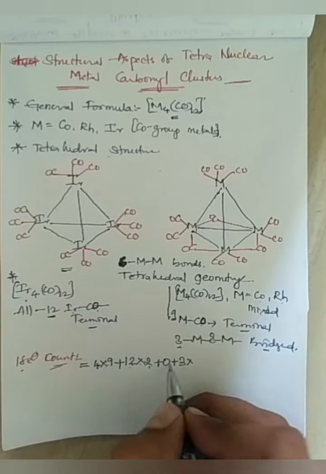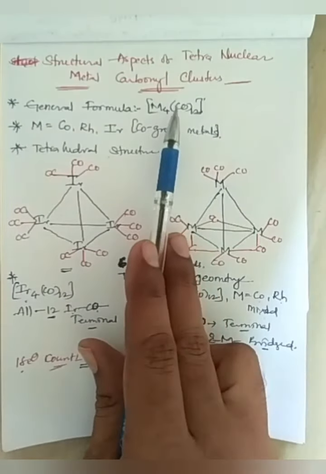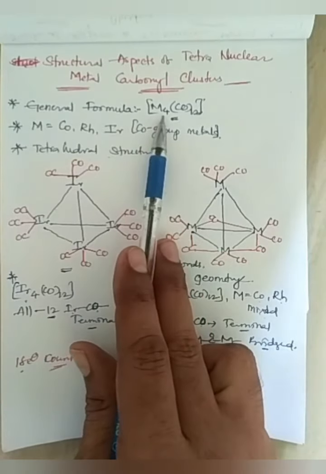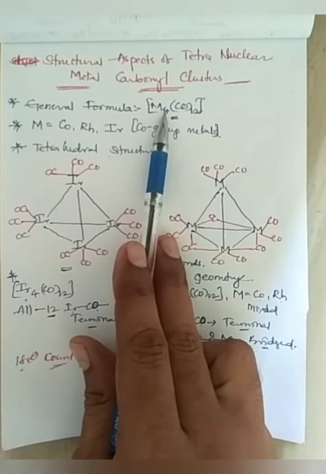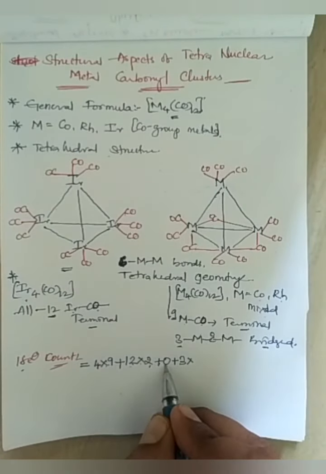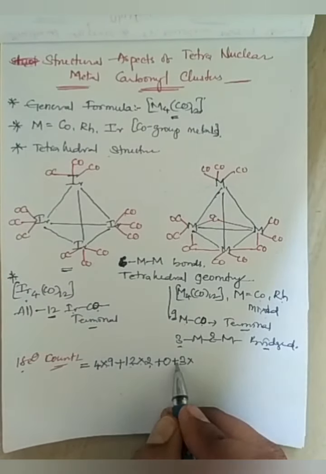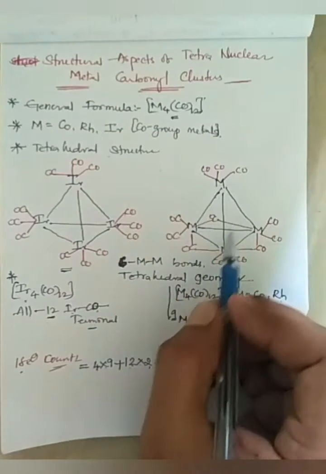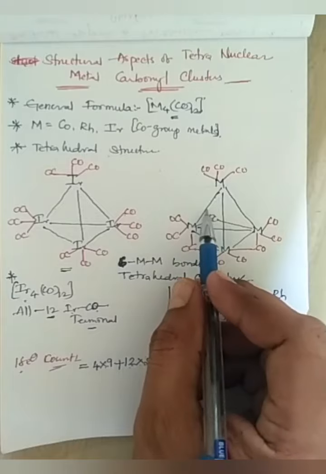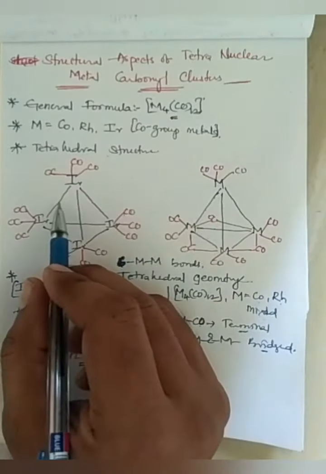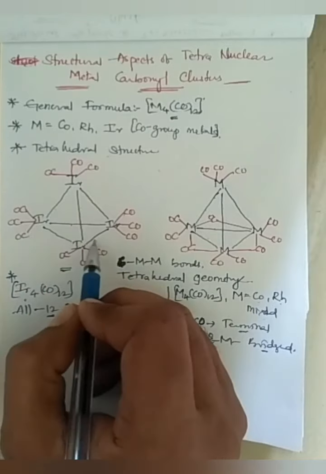The tetranuclear dodecacarbonyl cluster will have a 0 oxidation state in the coordination sphere, so plus 0, plus the number of metal to metal bonds. There are 6 metal to metal bonds: 1, 2, 3, 4, 5, 6, right?